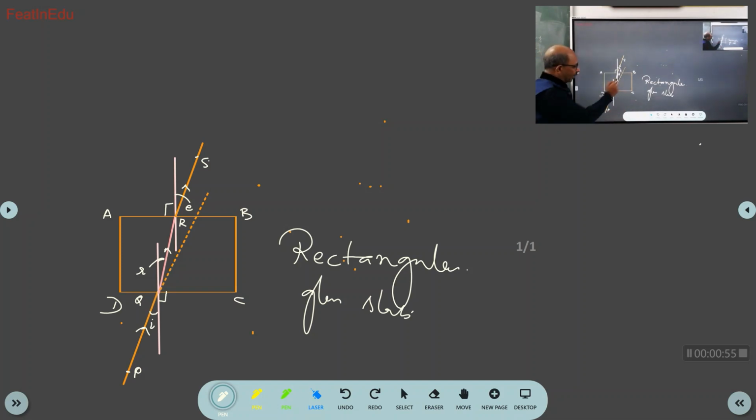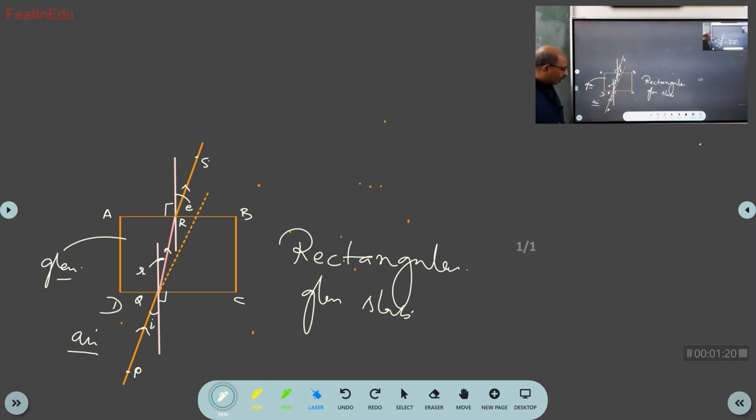Rectangular means AB is parallel to CD. Here, if AD is not parallel to BC, it's okay, because those surfaces we are not using. For the sake of brevity, this medium is air and this medium inside is glass. So air is an optical medium, glass is a different optical medium.